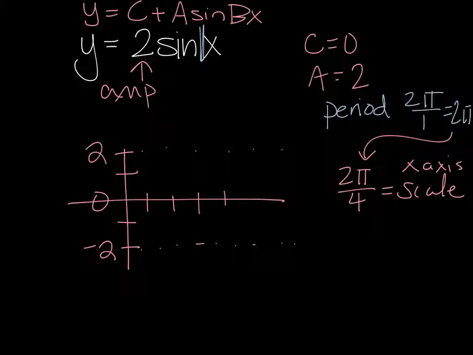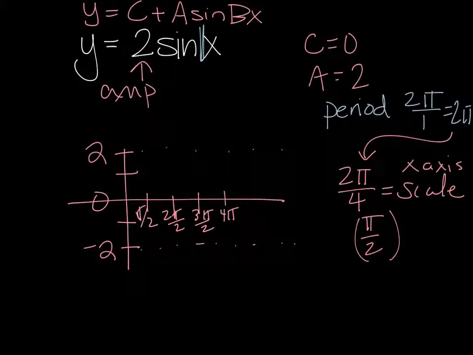Okay, 2 divided by 4 is 1/2, so this is pi over 2. I'm going to count pi over 2, 2 pi over 2, 3 pi over 2, 4 pi over 2, which is in fact the same as 2 pi. I could have written pi for 2 pi over 2, and I could have written 2 pi for 4 pi over 2. Either way.